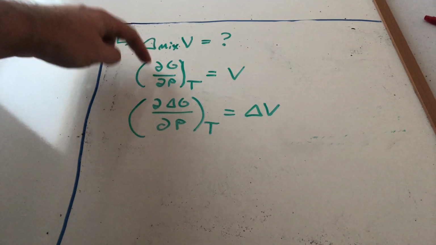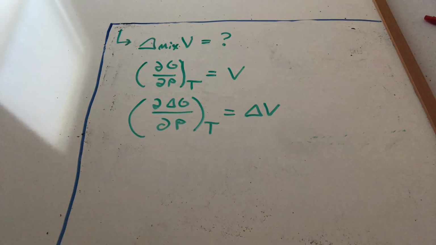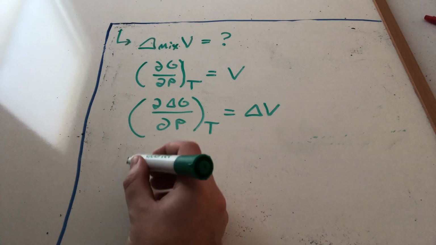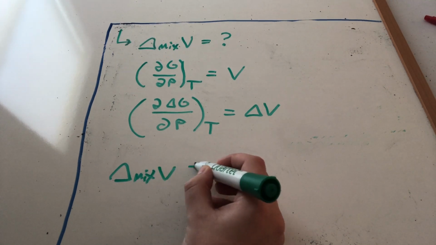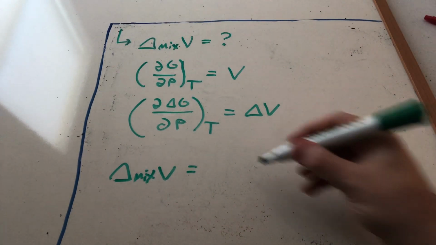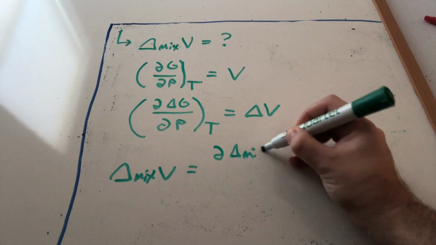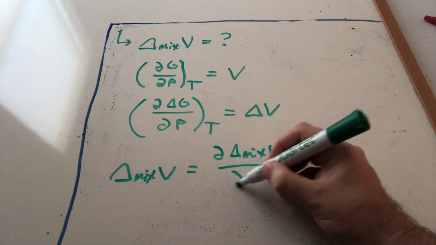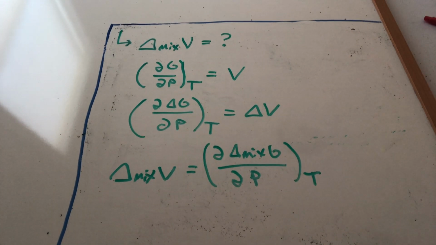Again, think about taking this and subtracting it from both sides, making this equation. You end up with these deltas that show up. So now what this tells me is if I want to know delta mix V, I'm going to have to take a derivative of delta mix G with respect to pressure, and I do that at a constant temperature.